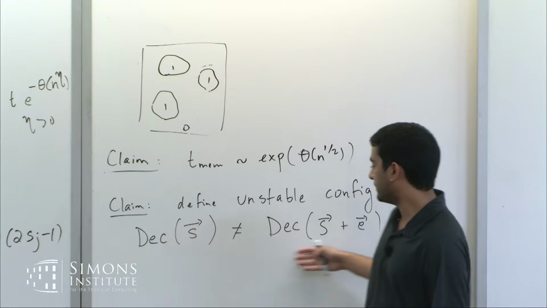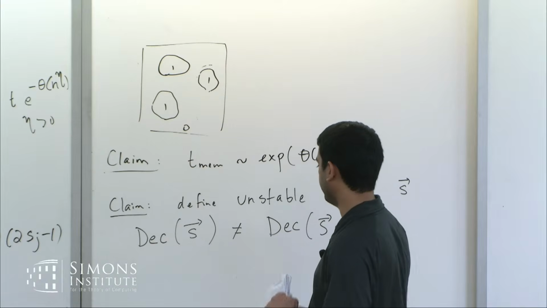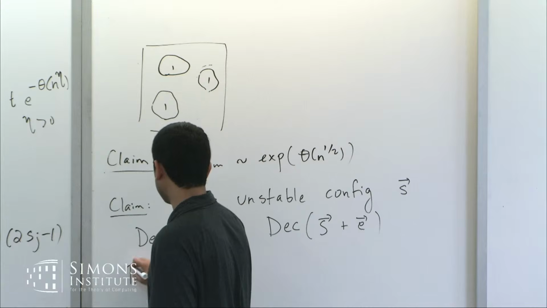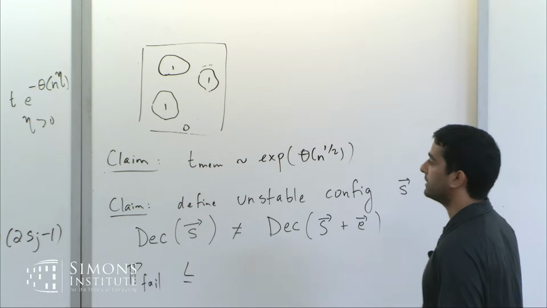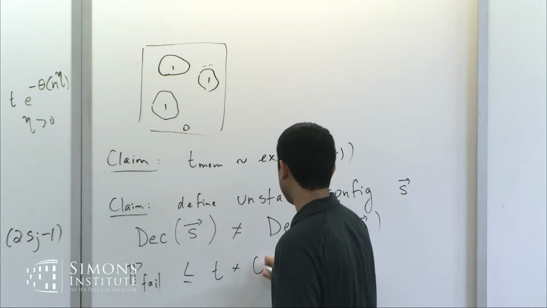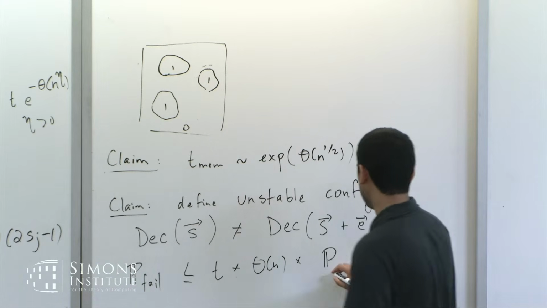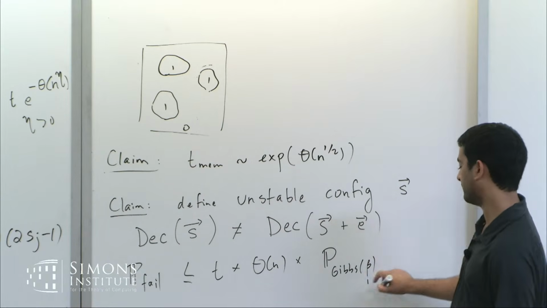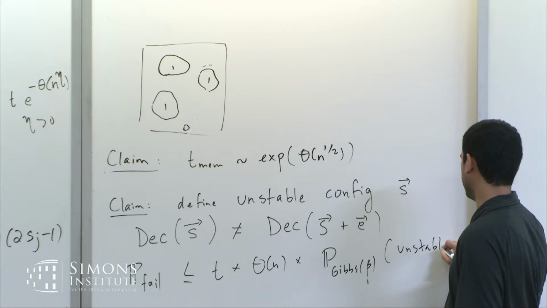So these are configurations which are just on the verge of not being correctly decoded, right? And what we can show is that the failure probability is less than or equal to t times something of order n times the probability, under this Gibbs distribution at inverse temperature beta, of an unstable configuration.